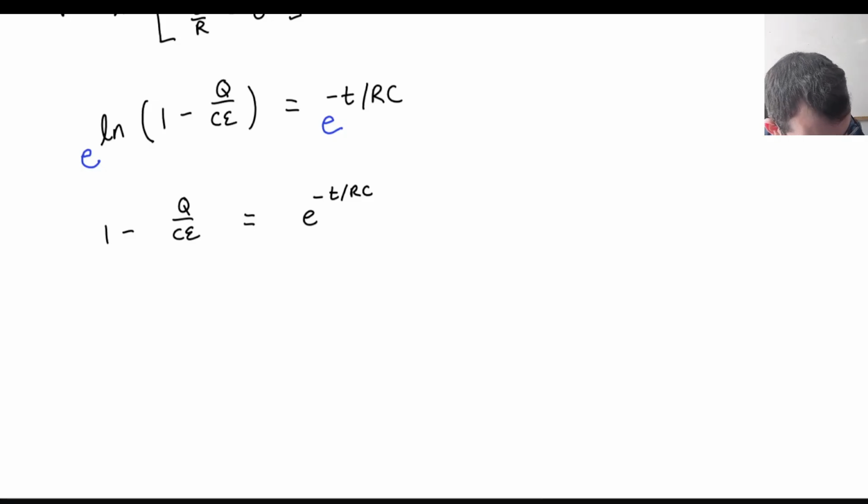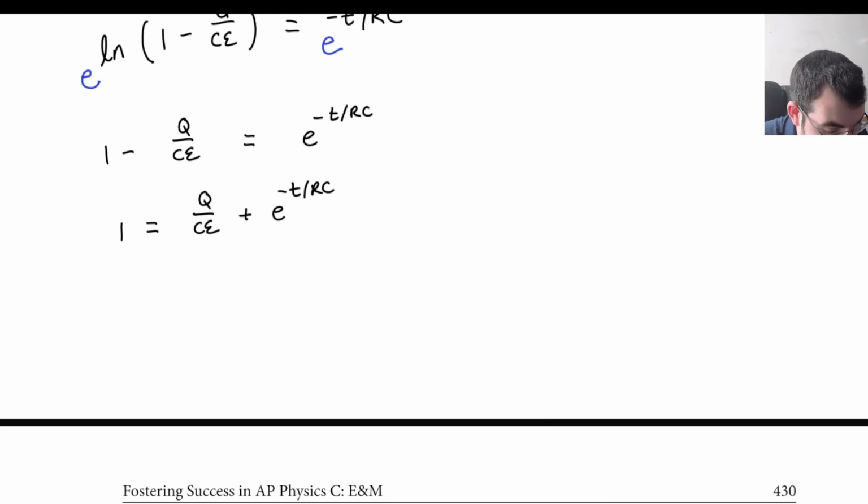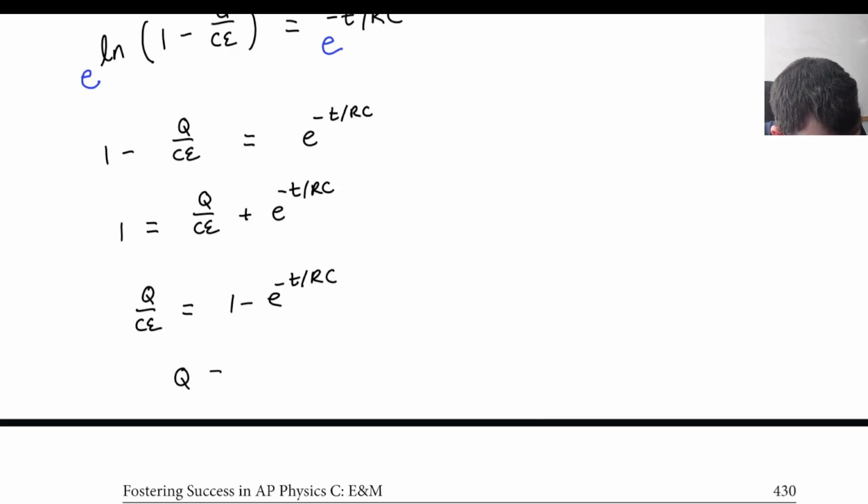And then if I add q over c epsilon to each side, I get 1 equals q over c epsilon plus e to the negative t over rc. I can subtract, and I can get q over c epsilon is equal to 1 minus e to the negative t over rc. And now we're done because we can multiply by c times epsilon.